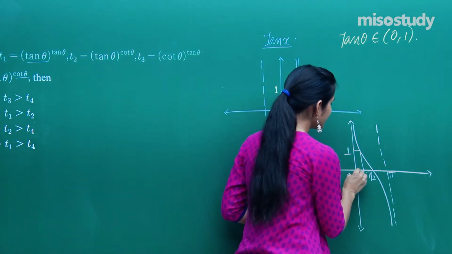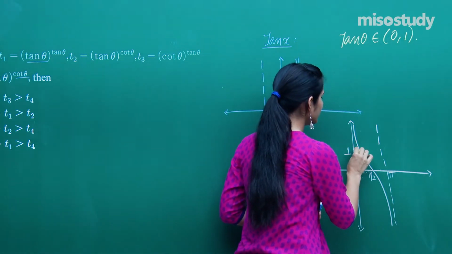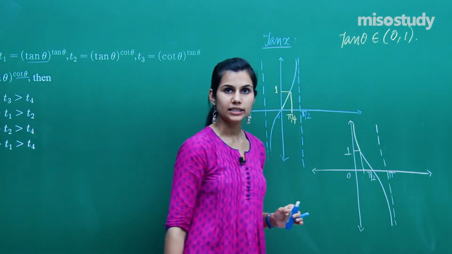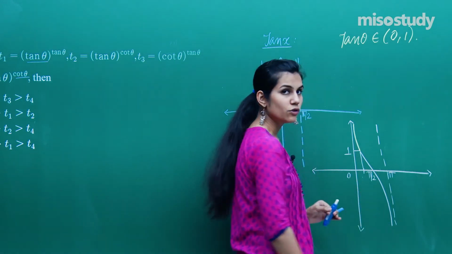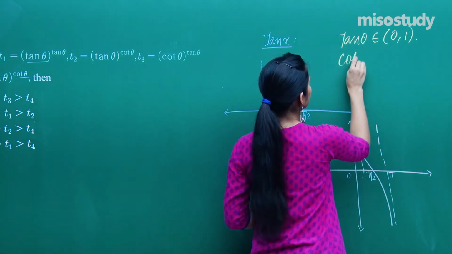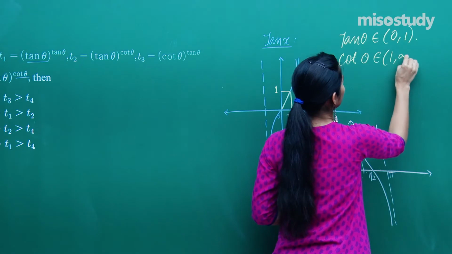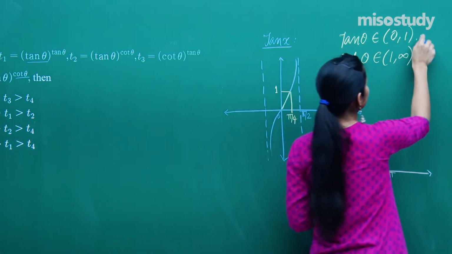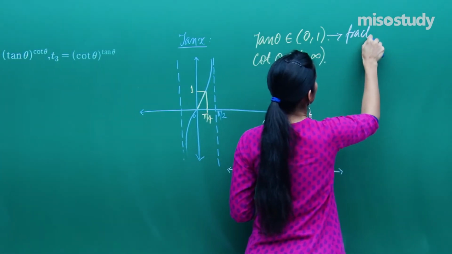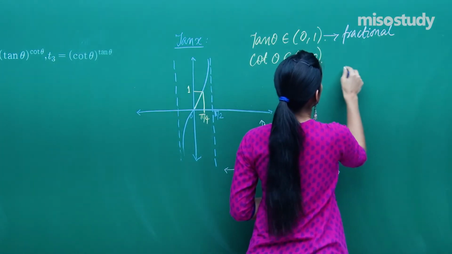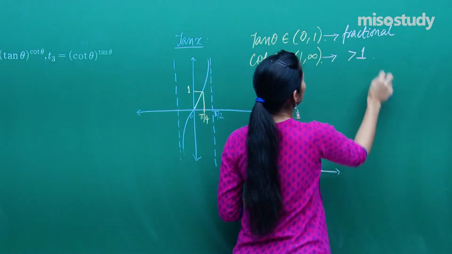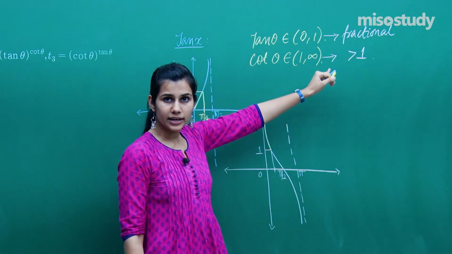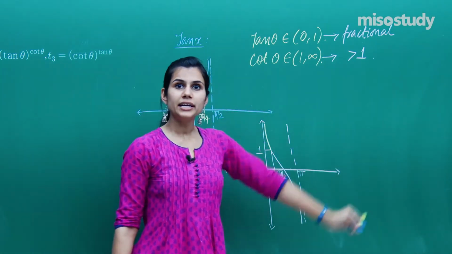So understand, if x ranges from 0 to pi by 4, cot function is from 1 to infinity. So if theta ranges from 0 to pi by 4, cot theta ranges from 1 to infinity. Fine. That means tan theta is a fractional value, whereas cot theta is any number greater than 1. Fractional means it's definitely less than 1, from 0 to 1, and this is a number greater than 1.